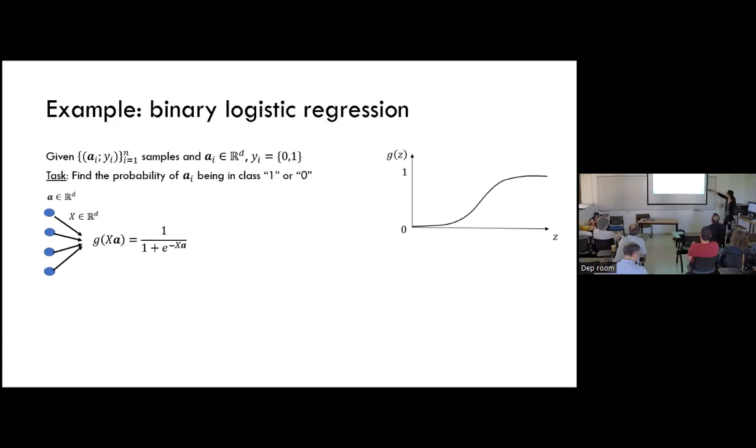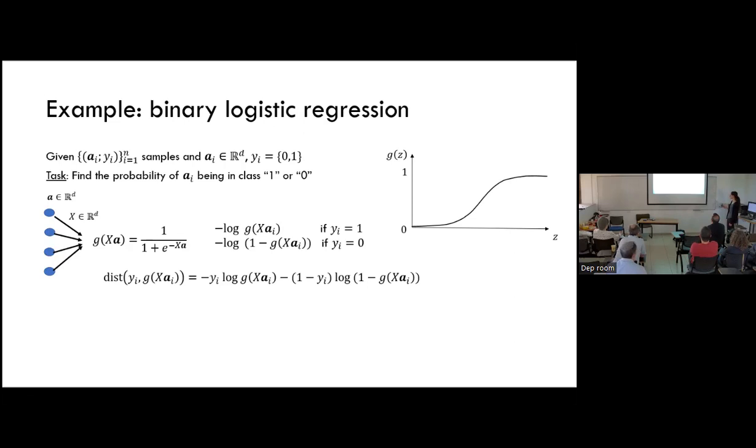This function goes between 0 and 1. When y_i is equal to 1, I want g to be as close as possible to 1. So it's kind of a smooth threshold.